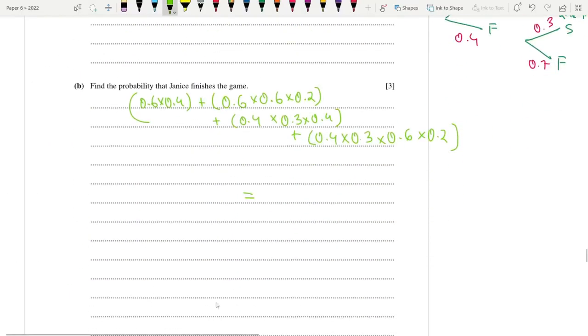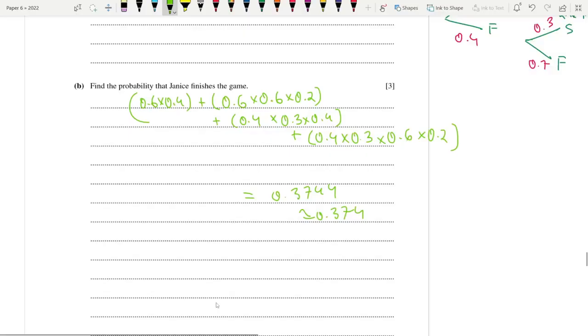So if you do find this out, 0.6 into 0.4 plus 0.6 into 0.6 into 0.2 plus 0.4 into 0.3 into 0.4 plus 0.4 into 0.3 into 0.6 into 0.2. That gives you an answer of 0.3744, or it's 0.3742, 3 significant figures.